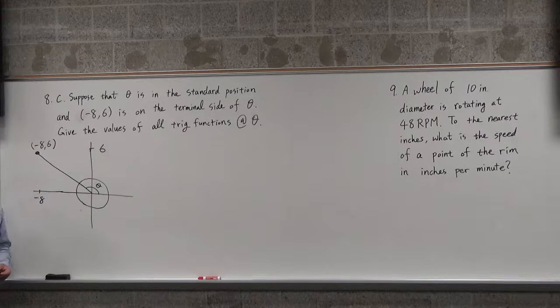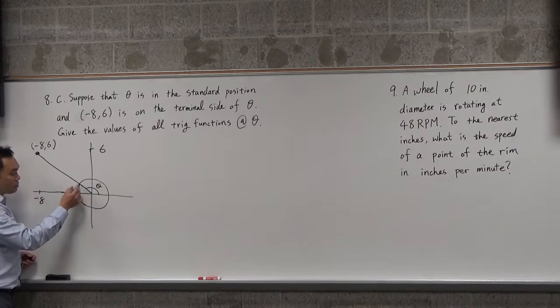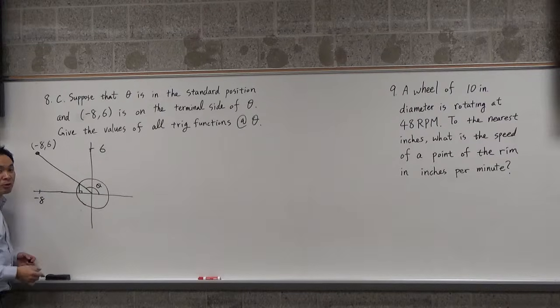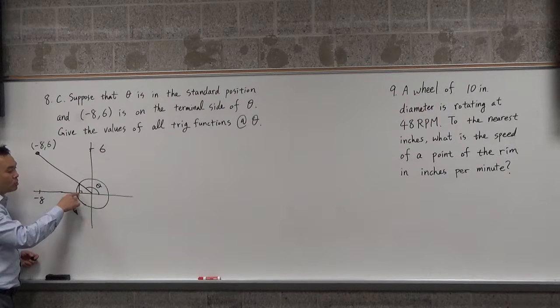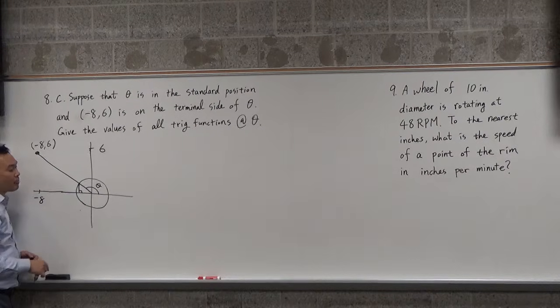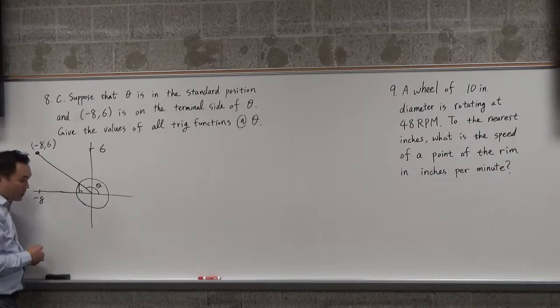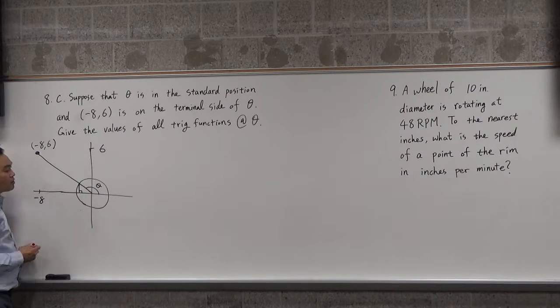Okay, such a question can be answered in terms of the reference triangle. Reference triangle is the triangle that you draw towards the closest point on the x-axis. And instead of using this angle theta, you use this other angle.